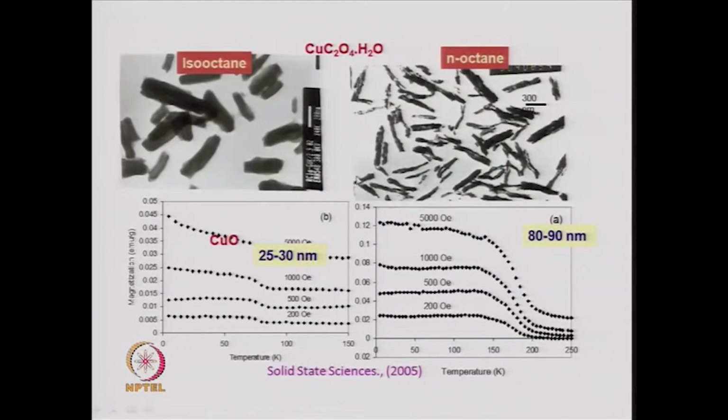When you look at the magnetic properties, what you see is the magnetization as a function of temperature. In this particular copper oxide, there is a slight change around 80 Kelvin. Whereas, in this copper oxide, both are copper oxide, from the X-ray you can make out, there is a change in the magnetization. This axis is magnetization, and there is an increase in the magnetization at around 200 to 210 Kelvin.